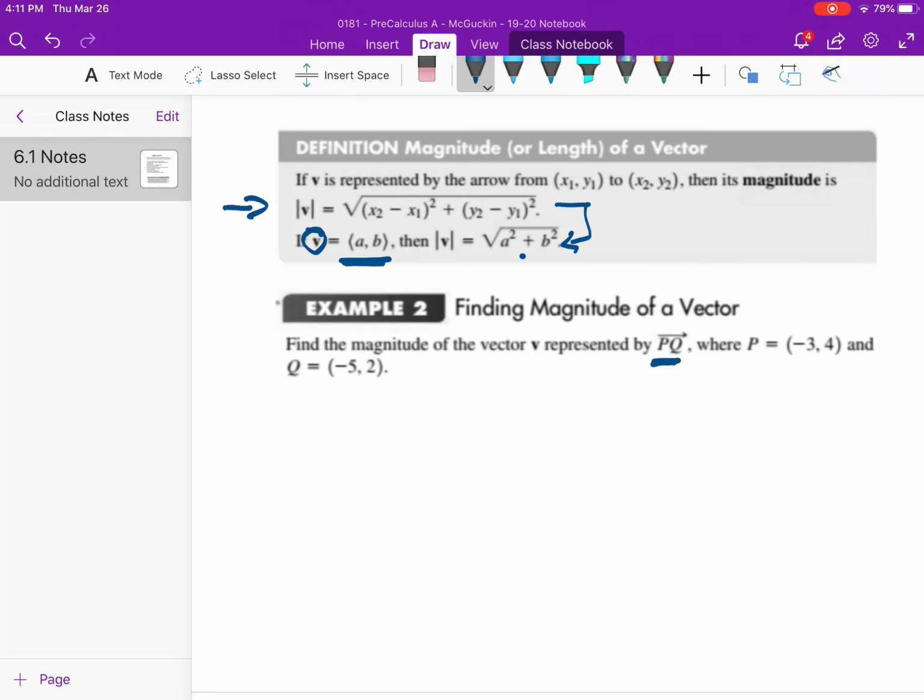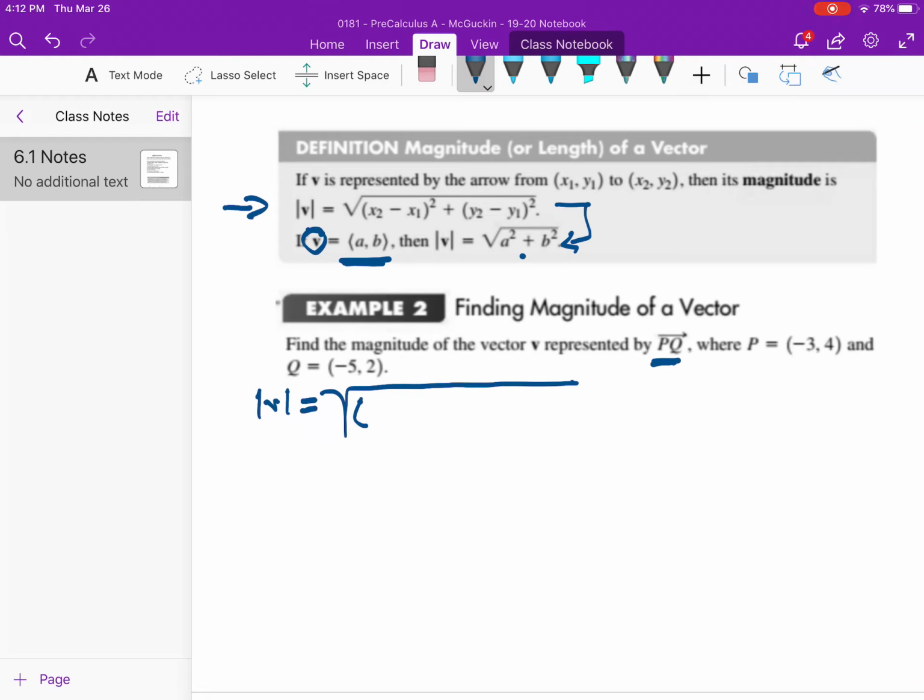Okay, so let's take a look. Find the magnitude of a vector. Find the magnitude of the vector represented by PQ, where P is (-3, 4) and Q is (-5, 2). So let's go ahead and find out what that component form is going to ultimately be. I'm going to look here right off the bat that the magnitude of our vector is going to be x2 minus x1 quantity squared.